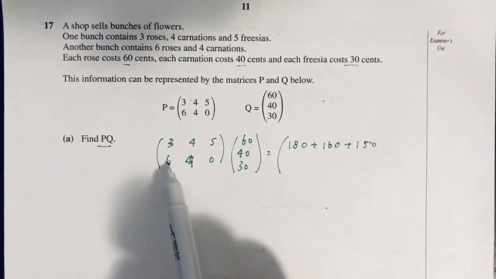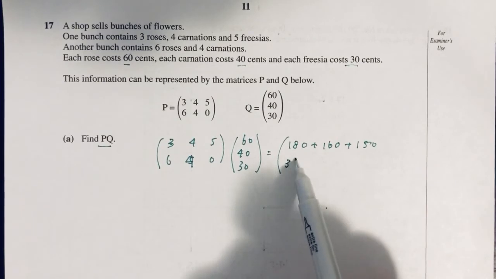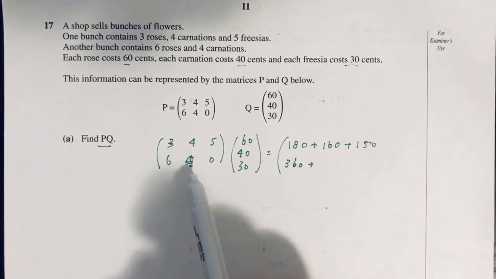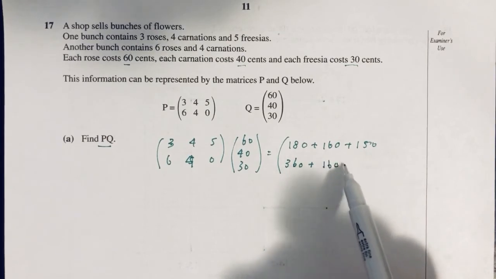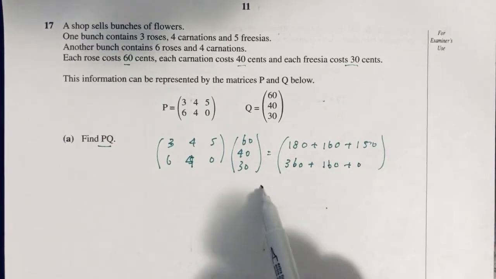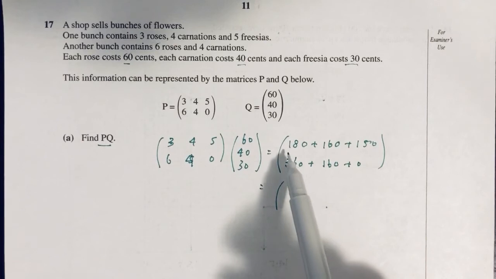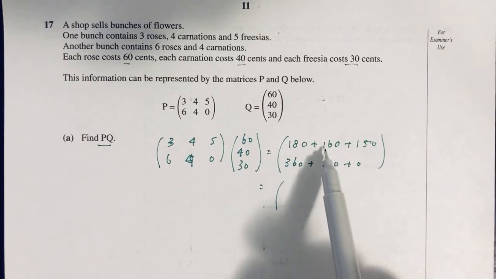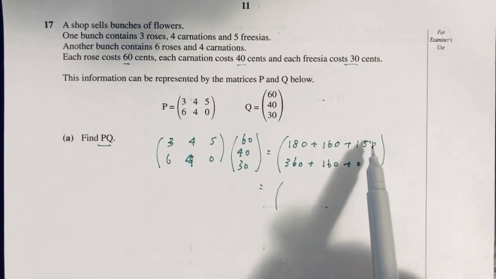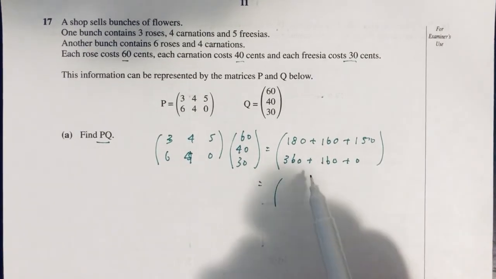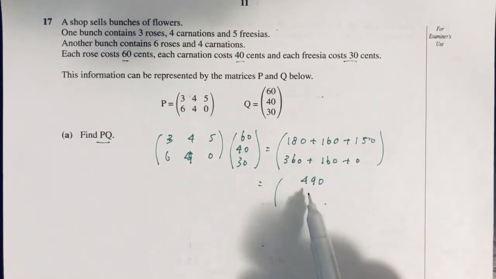And this one, 6 times 60 will be 360, plus 4 times 40 will be 160, plus 0. So let's simplify that. We have 180 plus 160, that will be 340. 340 plus 150, that will be 490. And then below, that will become 520.